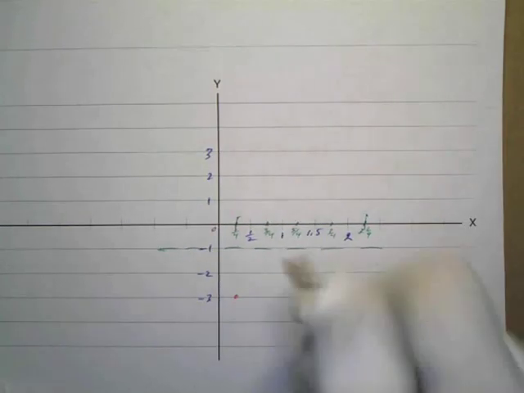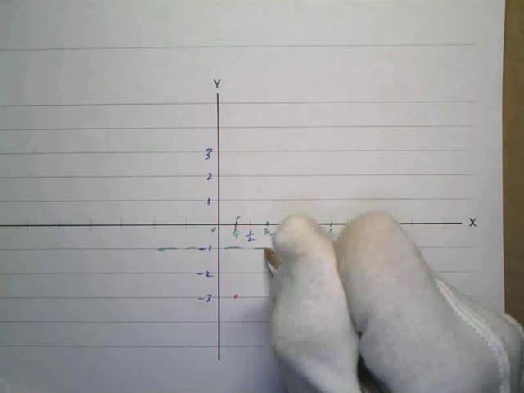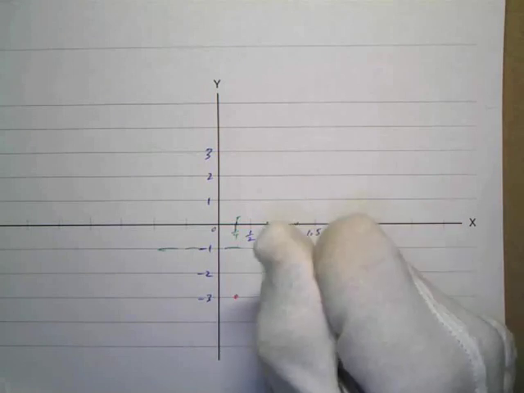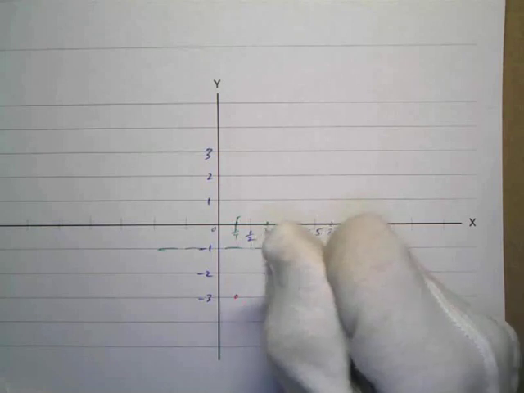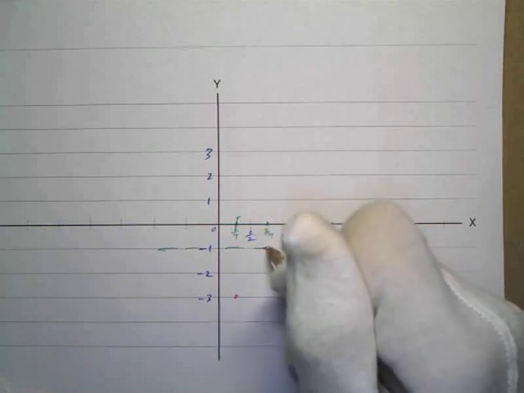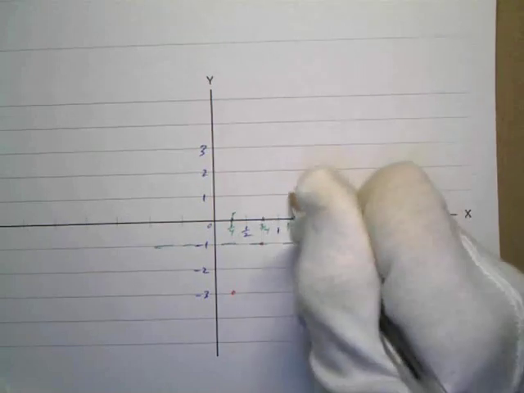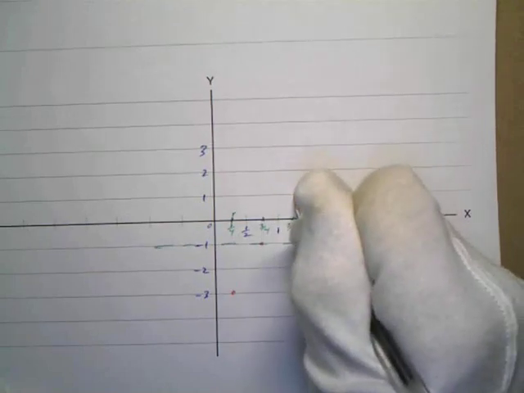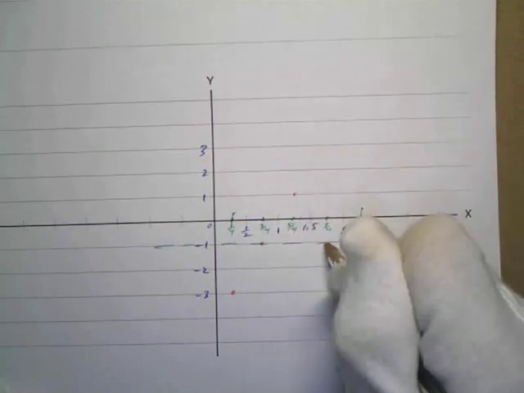Then I go back to the 0 line over here at this next increment, my next key point. And then I'm going to go up to here. Back to the 0 line here.